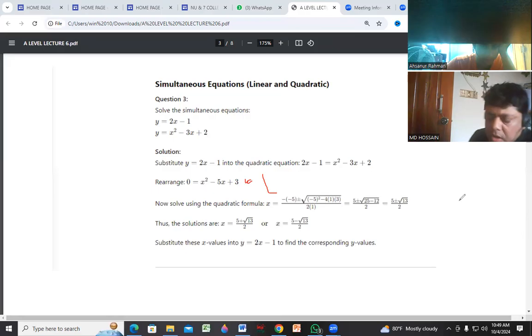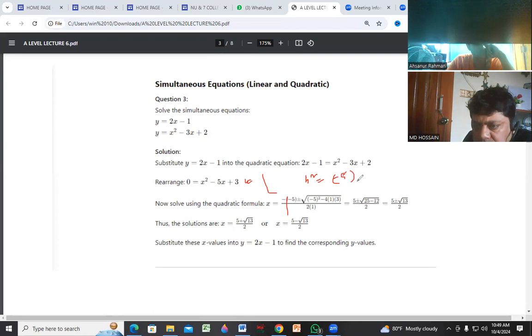So first, what we will do is find the coefficients. So b squared means minus 5 squared, minus 4ac, where a means 1, c means 3, divided by twice a.